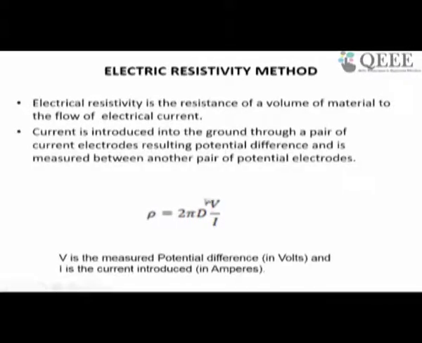And then the resistivity of the material can be calculated using this equation: rho is equal to 2 pi d V by I, where V is the measured potential difference in volts and I is the current introduced in ampere. I is what you are going to use and V is what you are going to measure from the ground.